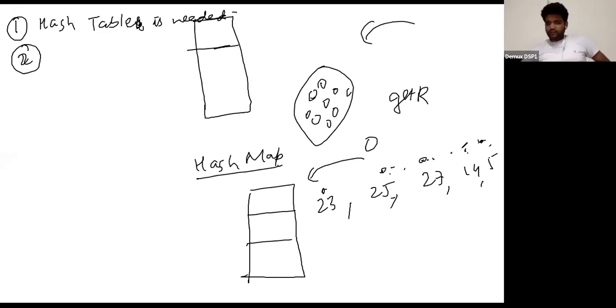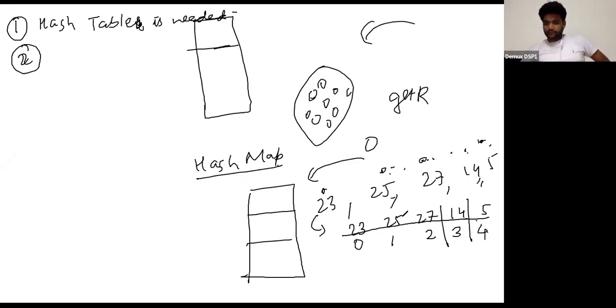An order one way of doing it is you arrange them in an order. So put them in a line. So let's say you put 23, 25, 27, 14 and 5. Put them in a line, give them positions. Once you have positions for them, then what you can do is pick positions from a given range.